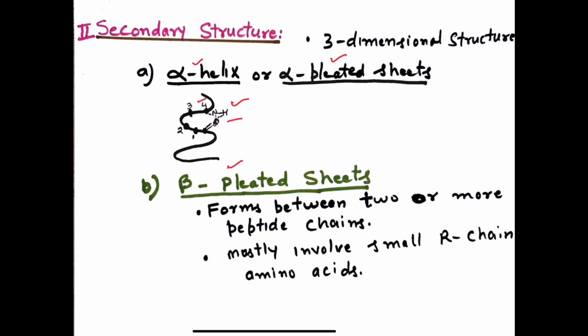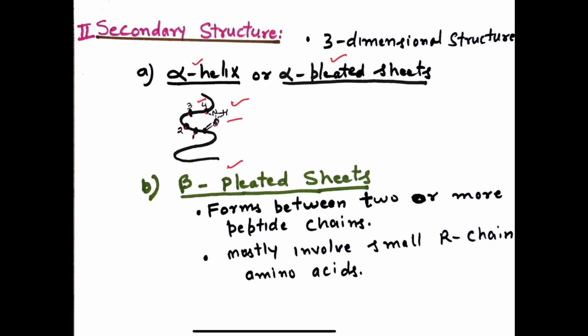This is the fourth amino acid, so it occurs. So the count starts from this carbon right here. 1, 2, 3, 4. On the fourth residue, it joins with this oxygen right here. So that's called alpha pleated sheets.